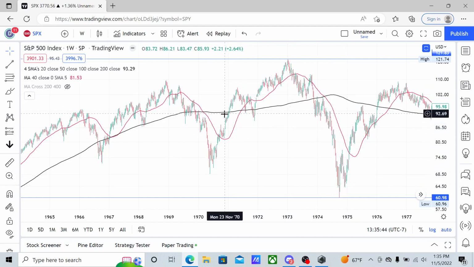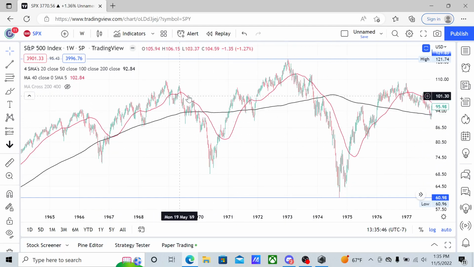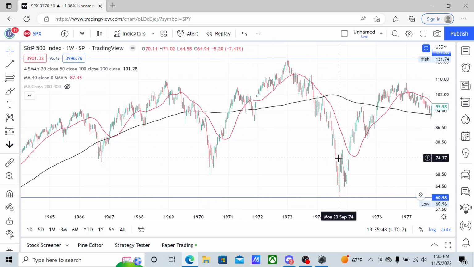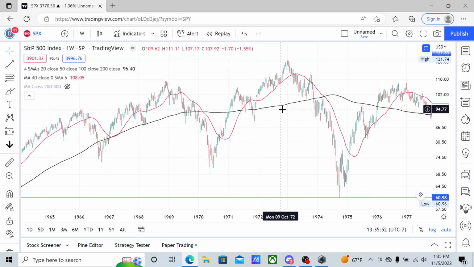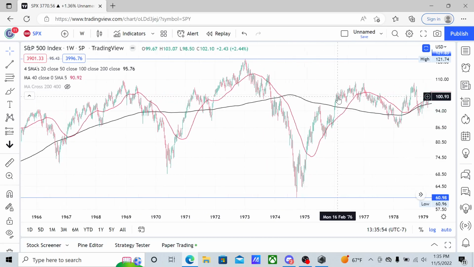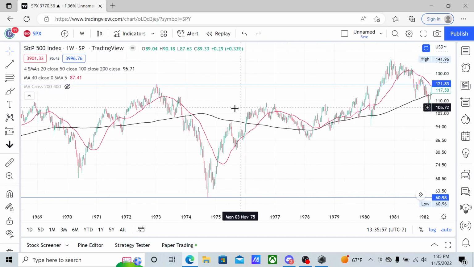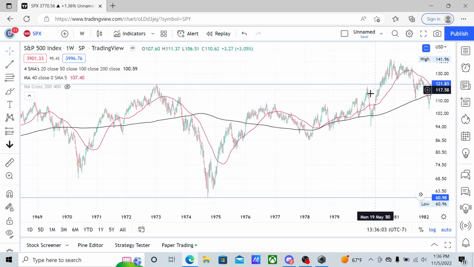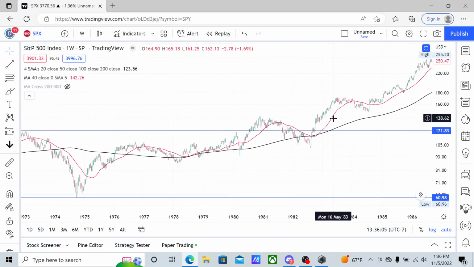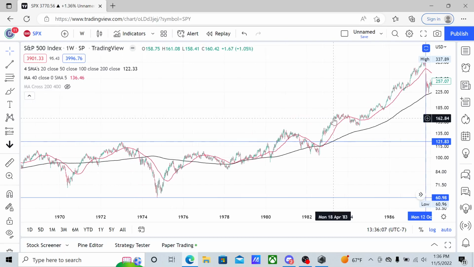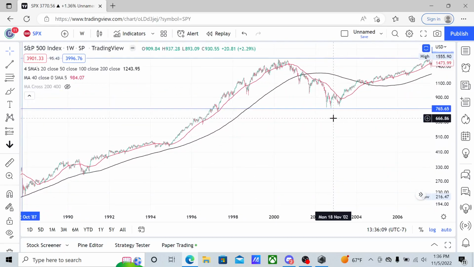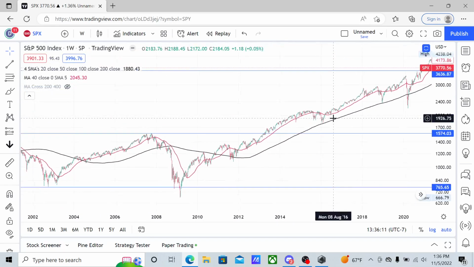By the market moving sideways like this, it causes this black line to curl over and go flat for a period of time, and then it starts to trend down. Then as the price action starts to go higher, that black line starts to move higher. So it gives you a good snapshot to see where the market is historically.